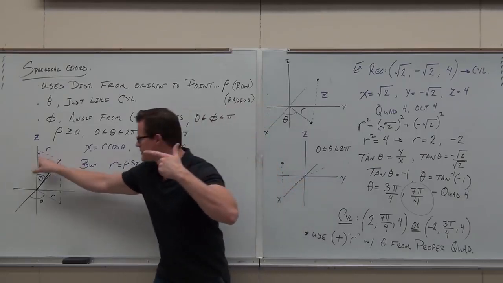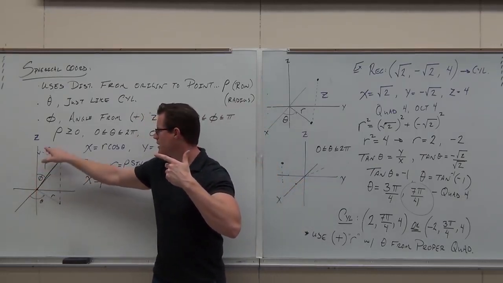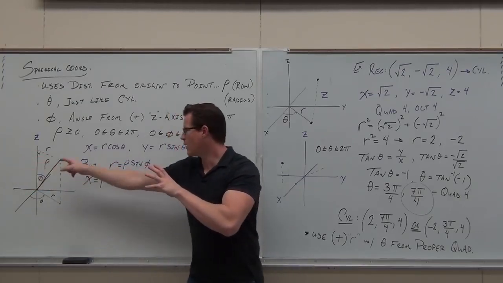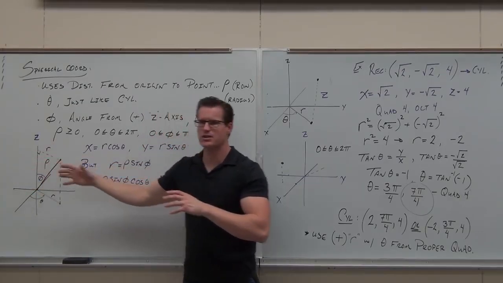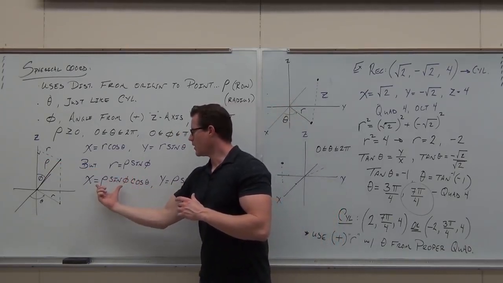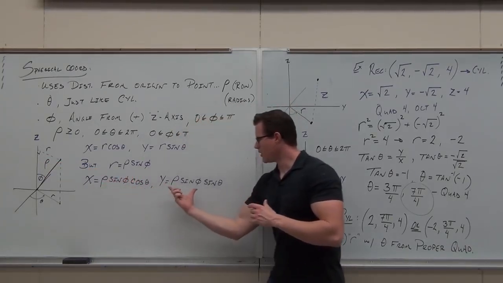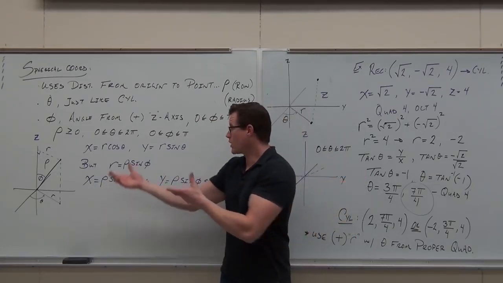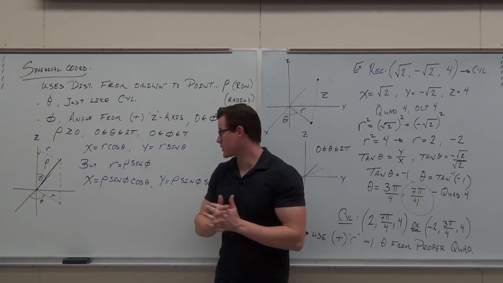Why? Because I have a picture of this in my head and go, okay, r is the opposite over hypotenuse. That gives me the r and the sine aspect of that. Does that make sense to you? So here we got r cosine theta and r sine theta. It's the same stuff. We now just defined what r is. It's rho sine phi.